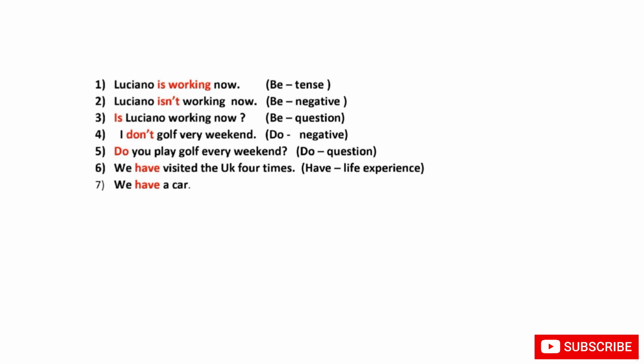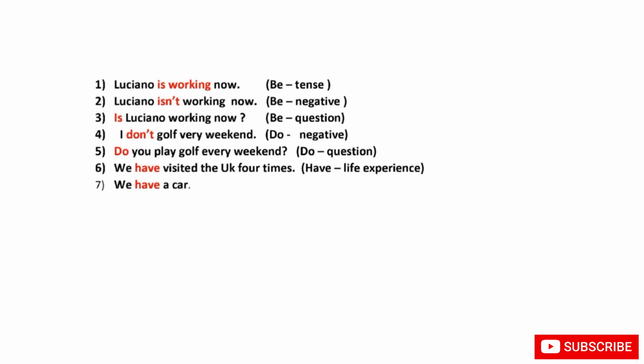Now you might be thinking, how is that possible? Because have is a helping verb, right? True, but in some cases, be, do, and have can be used as main verbs. Now in this sentence, have is used to mean own. We own a car, is what I'm saying. So in some cases, these can be used as main verbs, but most of the time, they're used as helping verbs.